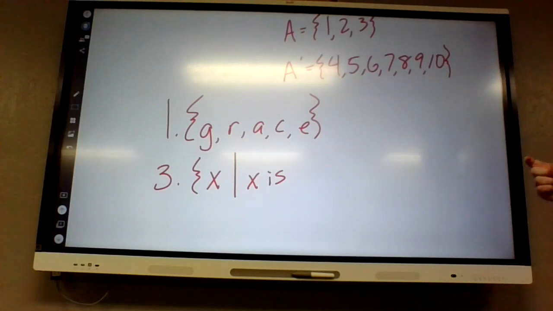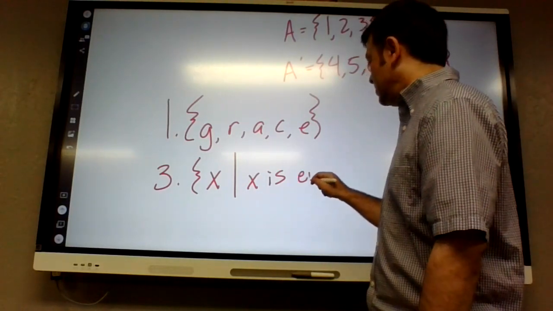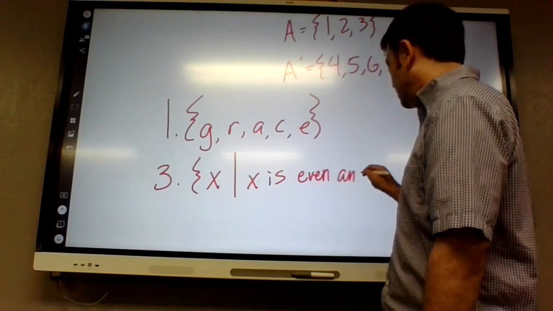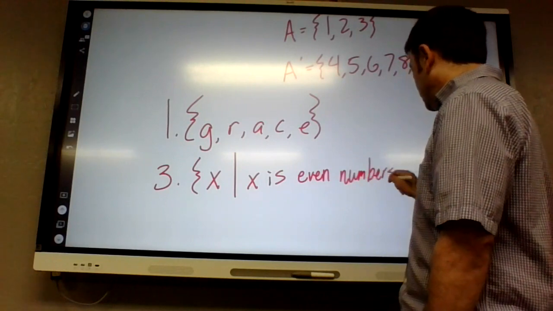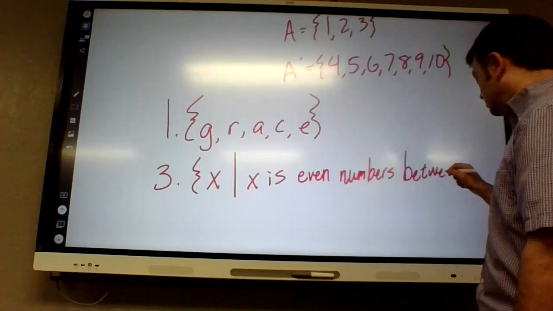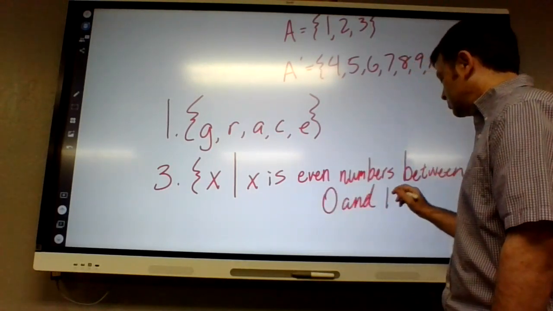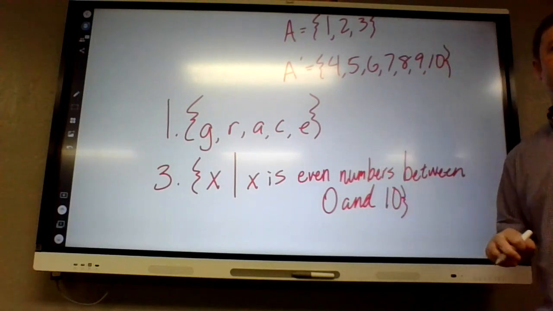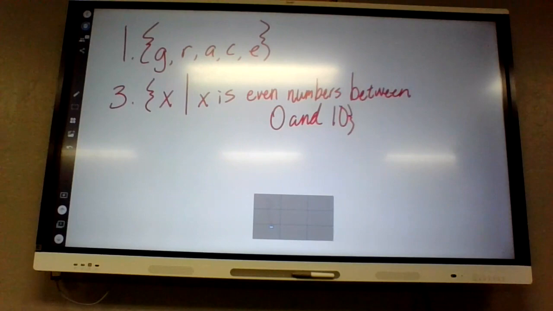Let's say x is an even number between 0 and 10. These answers aren't exact, so we're all going to be writing different things. Sometimes there's only one way you could say it, but sometimes you could say it more than one way.